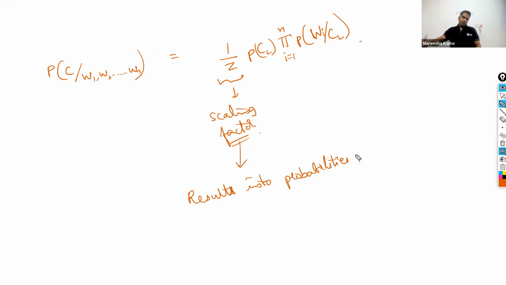When you substitute i equal to 1, it will become probability of word 1 given class. Into, when you substitute i equal to 2, probability of word 2 given class. Into, when you substitute i equal to 3, probability of word 3 given class, so on and so forth. Into the probability of the class. Okay, this is the formula. Let's stick to this formula.